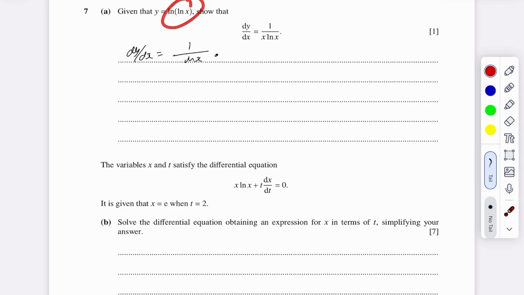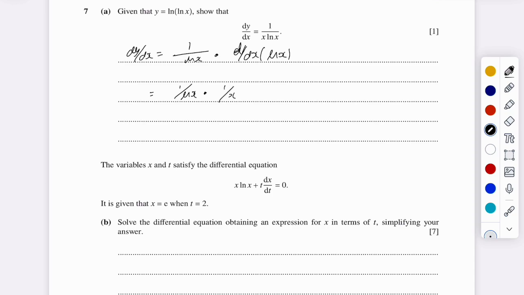It's ln of ln x, so 1 over ln x times the derivative of ln x. And that's going to give you 1 over ln x times 1 over x, which equals 1 over x ln x. Simple enough. That's the first bit for 7a.